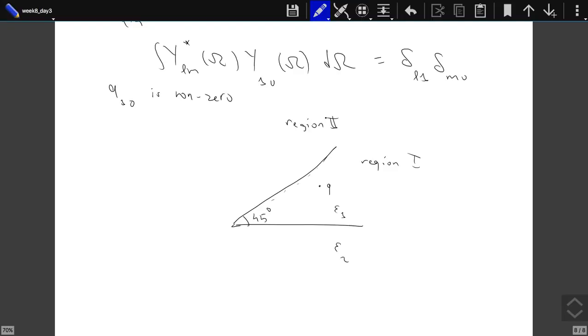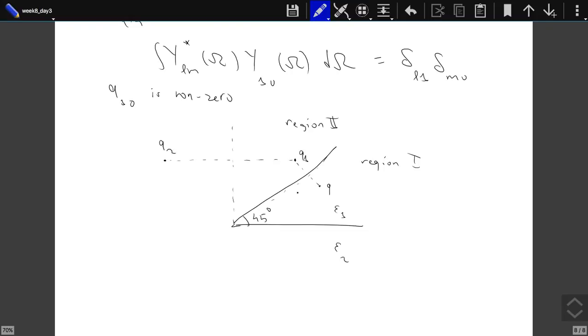So there will be an image over here, Q1. And of course, this boundary also has its image. Then we have the image of Q1, which will be, let's say, Q2.